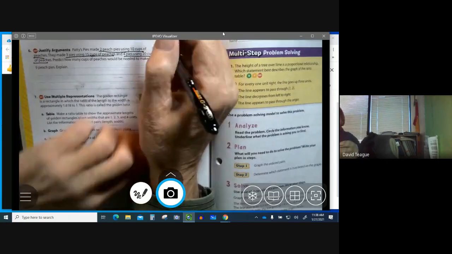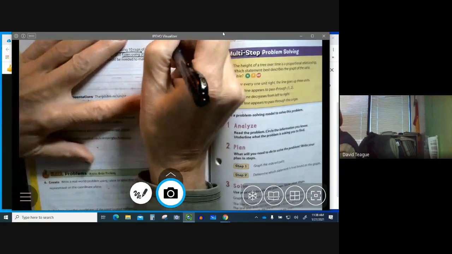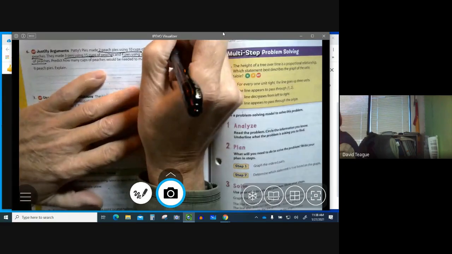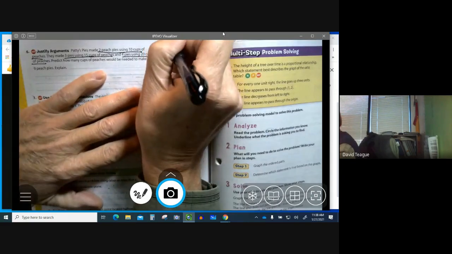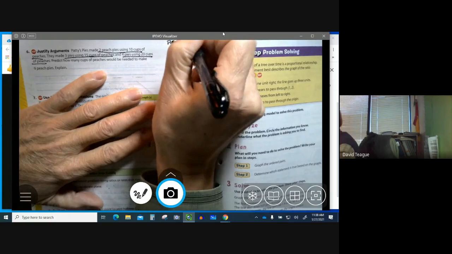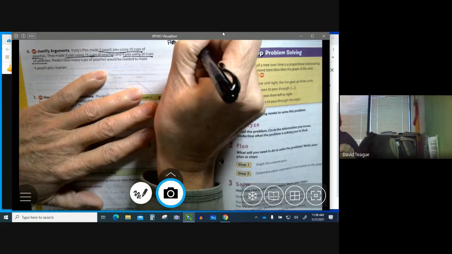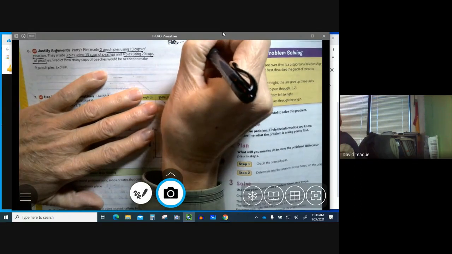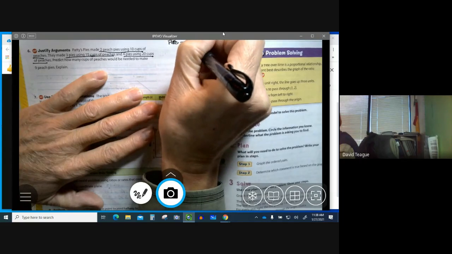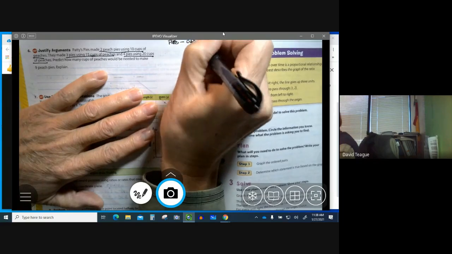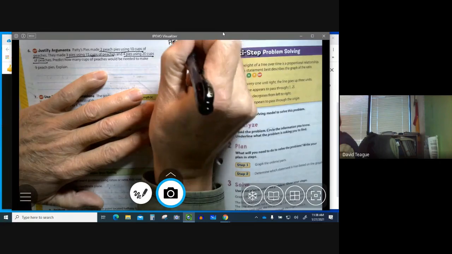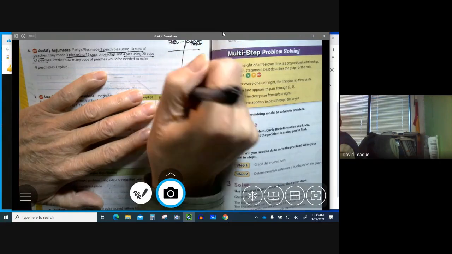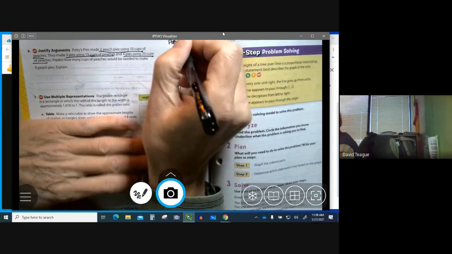Okay, so we have a ratio here, right? So the relationship is pies, right, to cups of peaches. And we're going to create a ratio table, right?